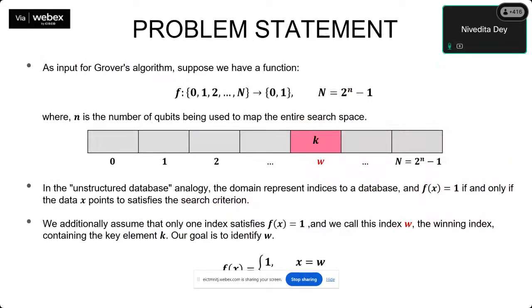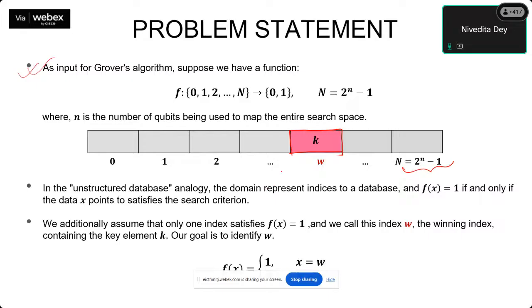So the problem statement is something like this. Now from this on, please focus. We have a function f over 0, 1, 2, 3, likewise till 2 to the power n minus 1. And this one particular item marked as pink is the target item that I want to find.